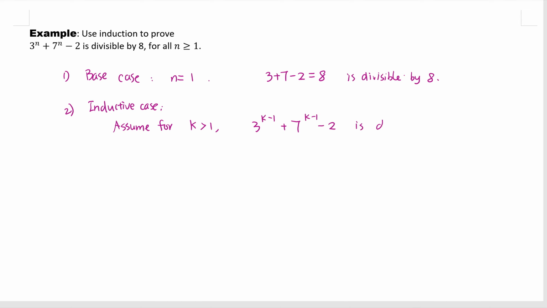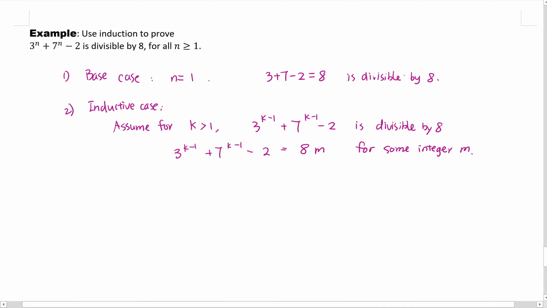So 3 to the k minus 1 plus 7 to the k minus 1 minus 2 is divisible by 8. What does divisible by 8 mean? It means 3 to the k minus 1 plus 7 to the k minus 1 minus 2 equals 8 times m for some integer m. This is what divisible by 8 means.